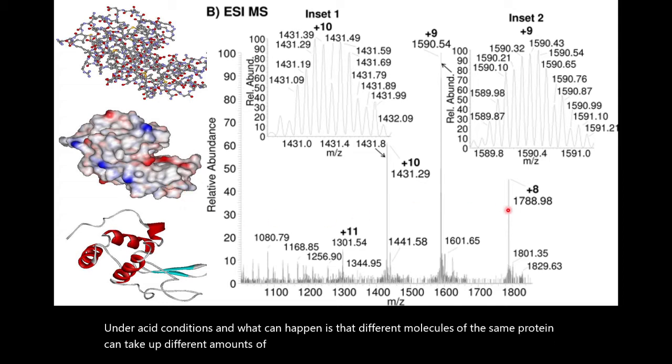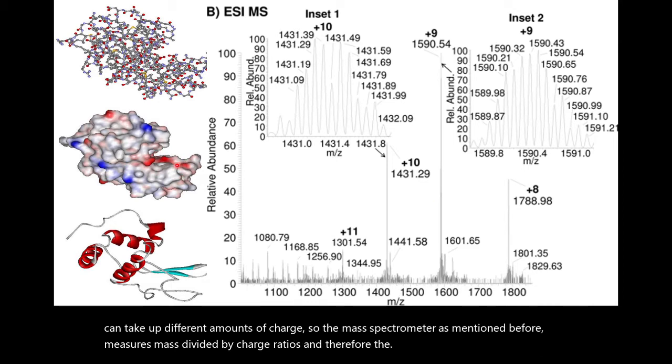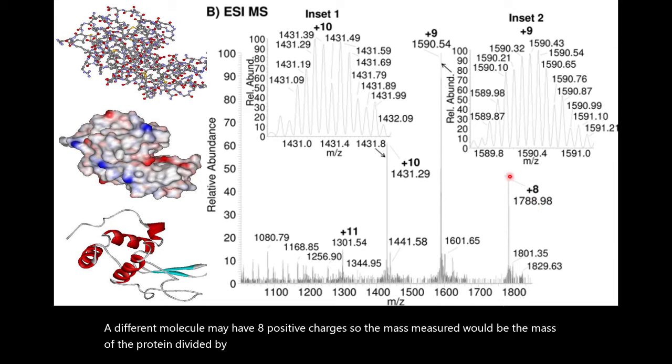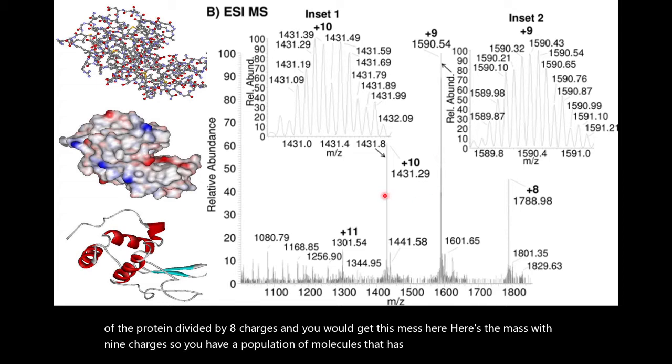So the mass spectrometer, as mentioned before, measures mass divided by charge ratios, and therefore a different molecule may have 8 positive charges, so the mass measured would be the mass of the protein divided by 8 charges, and you would get this mass here. Here's the mass with 9 charges, so you have a population of molecules that has 9 positive charges, 10 positive charges, 11 positive charges.